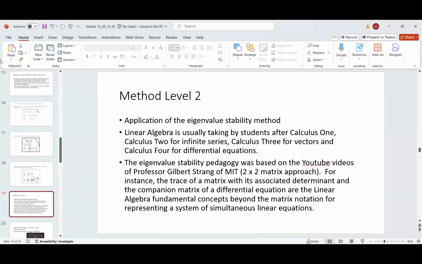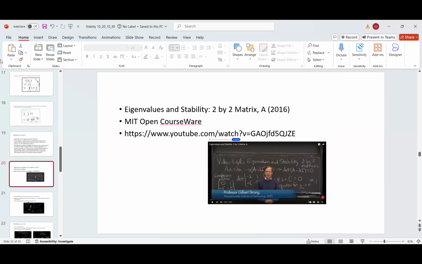For instance, the trace of a matrix with its associated determinant and the complex matrix of a differential equation are the linear algebra fundamental concepts beyond the matrix notation for representing a system of simultaneous linear equations.